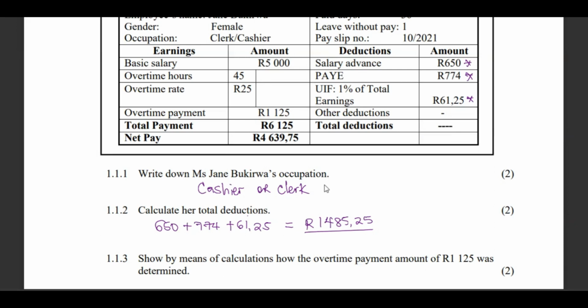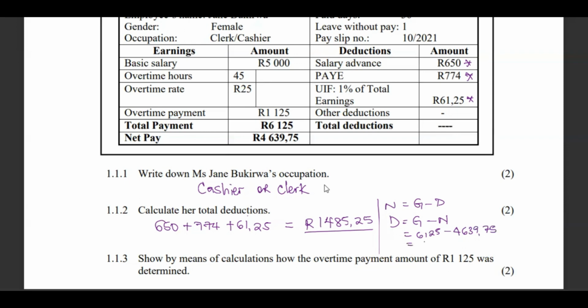Another method: remember, we have what we call the net. Net equals gross minus deductions. That means deductions equal gross minus net. Our gross salary is 6,125 minus the net, which is 4,639 rands 75 cents.